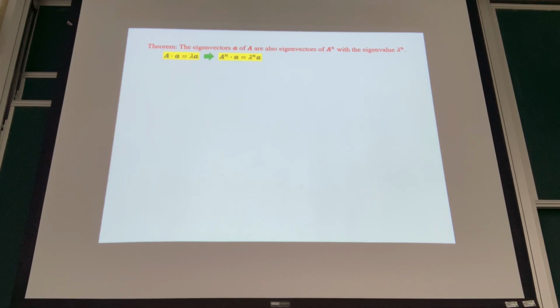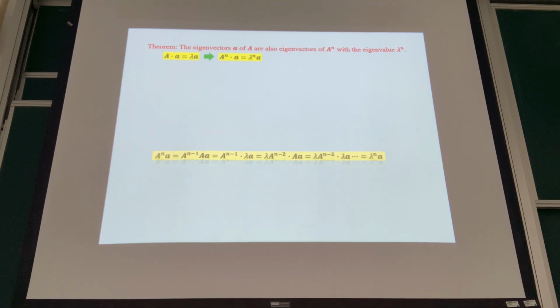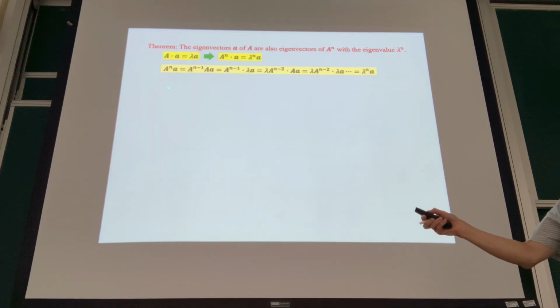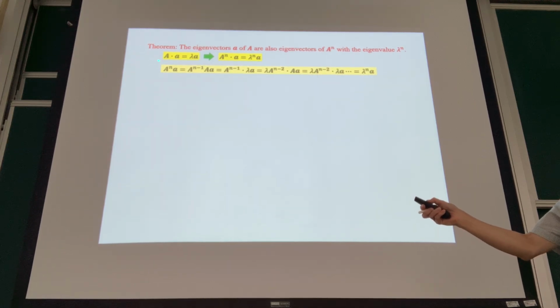Okay, I use the same notation, A to the nth. And you know what? Actually, A1 is also an eigenvector of A to the nth with the eigenvalue lambda to the nth. You don't believe it? Let me show you. Actually, it's very simple. Now, let's multiply A to the nth to A1. Don't forget, A1 is the eigenvector.